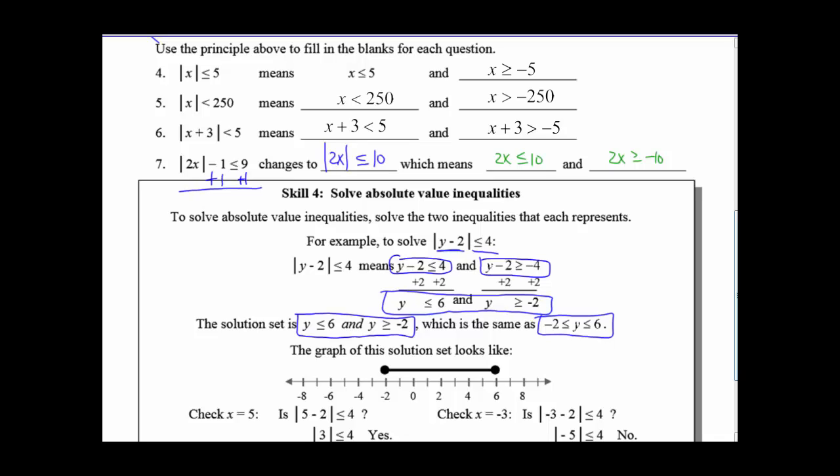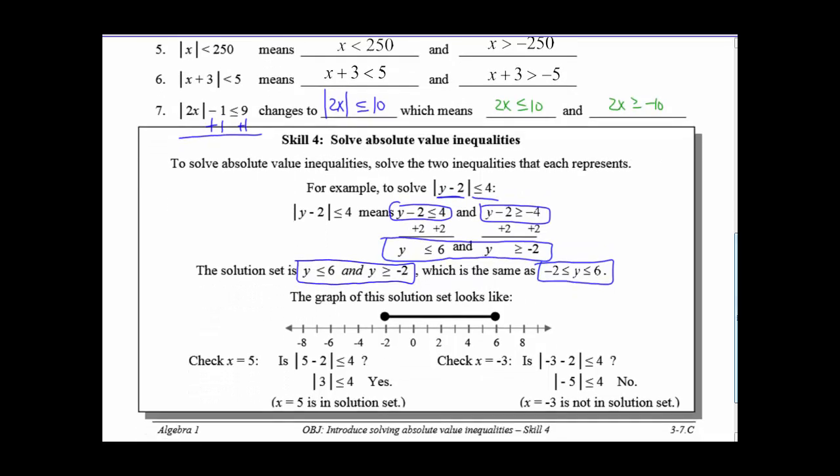So the graph, because negative 2 and 6 fall in this category, we put closed circles because negative 2 is included, and we put a closed circle there for 6, and then we shade everything in between. Because we know all the y's that are less than 6 are this way, but we also need all the y's that are greater than negative 2.